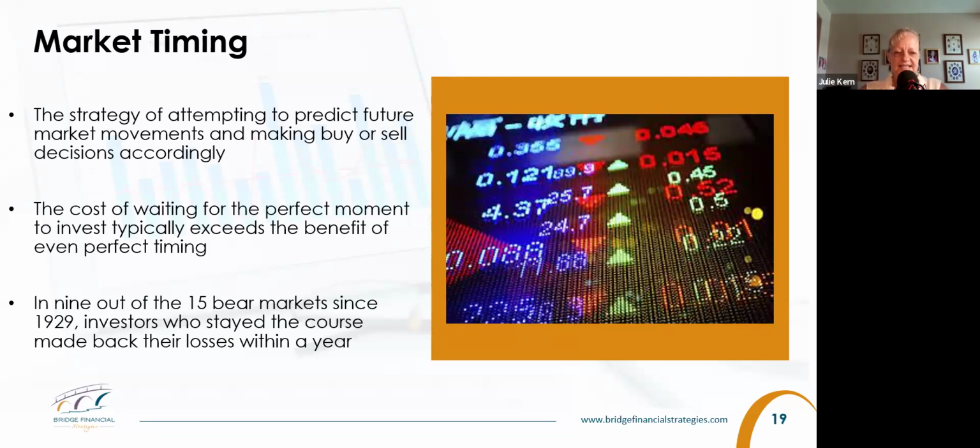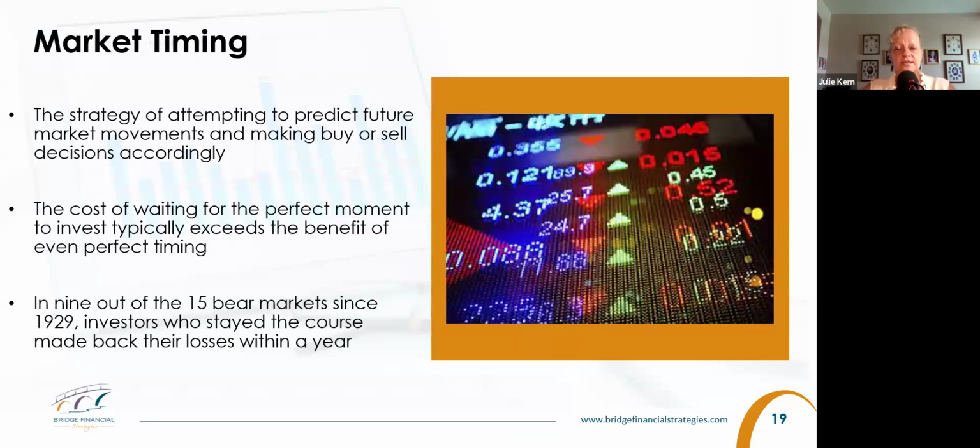And then statistically, in 9 out of the last 15 bear markets, going back all the way to 1929, investors who just stayed the course, meaning they stuck with their asset allocation and didn't make changes during a down market, made back their losses within 1 year.